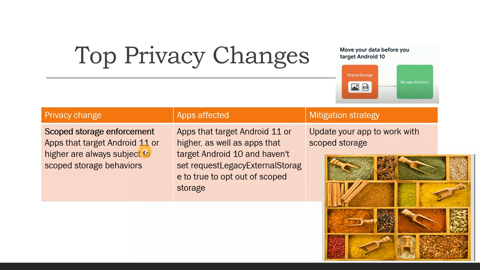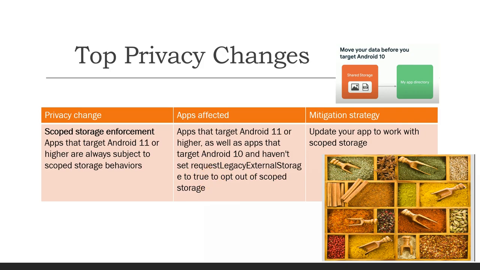Apps that target Android 11 or higher are always subjected to scoped storage. Which apps are affected by this major privacy change? Obviously apps which target Android 11 or higher, and also Android 10. But if you are an application developer and you don't want to use scoped storage, then you have to set the requestLegacyExternalStorage tag to true in your Android manifest file.